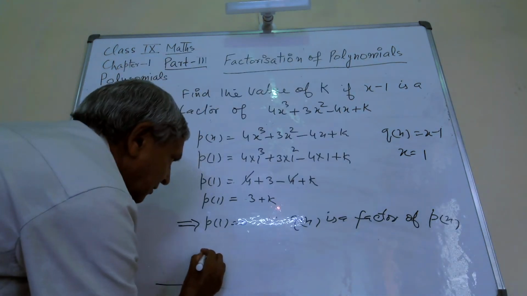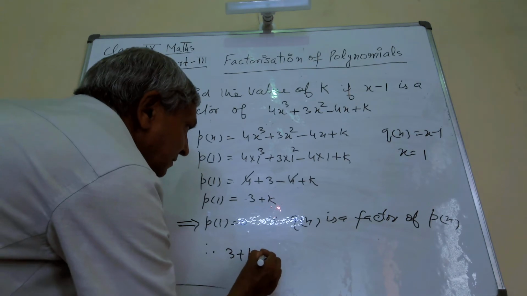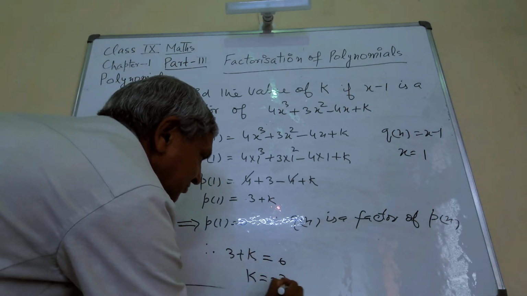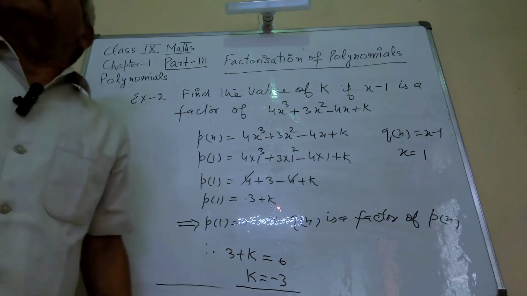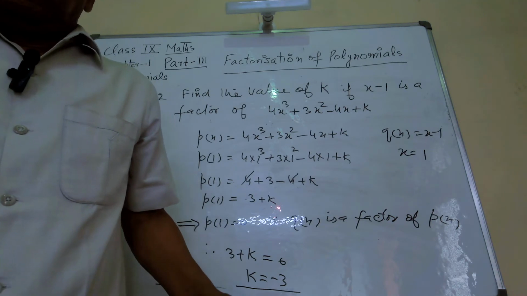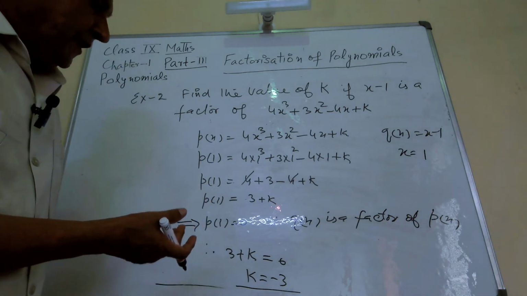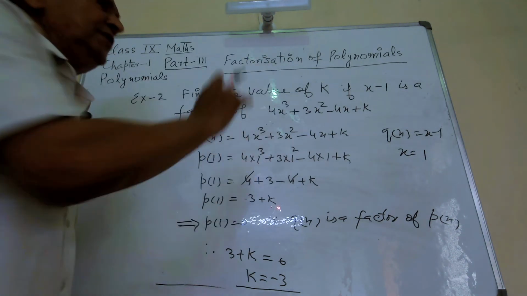Therefore 3 plus k is equal to 0, so k is equal to minus 3. This is the value of k. So with the help of the remainder theorem, we can find the value of any unknown variable given in p(x).